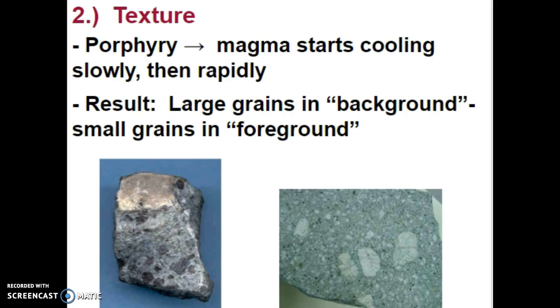And then, for whatever reason, whether it be weathering or erosion or maybe decompression melting that drives that magma up to the surface, it cools a little bit faster. So then you get small grains in that igneous rock as well. So a porphyry has large grains in the background, which show the slow cooling, and small grains in the foreground, which show the fast cooling.